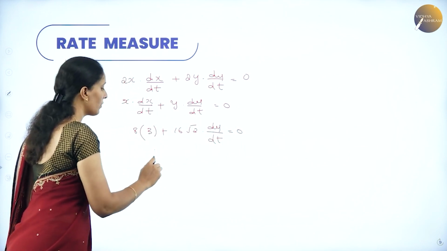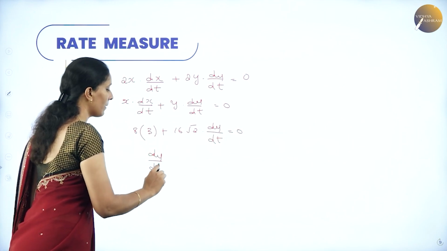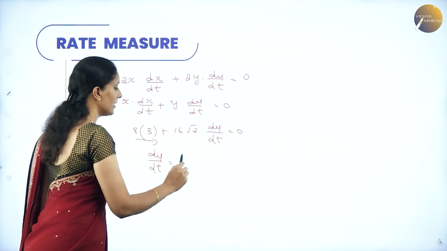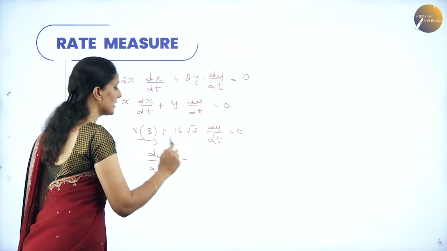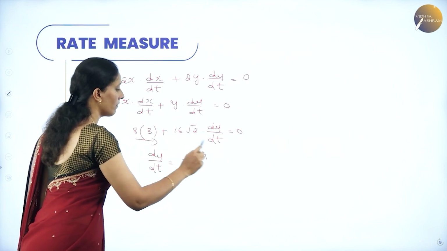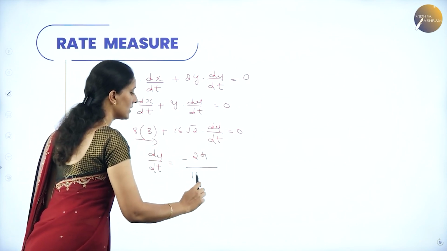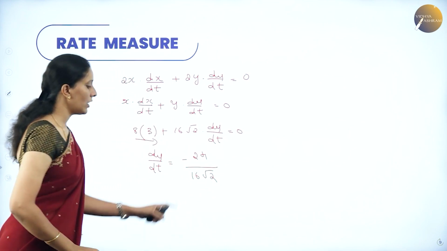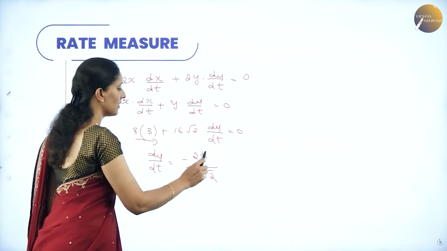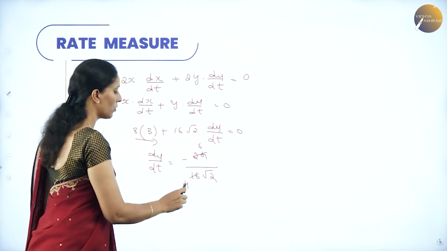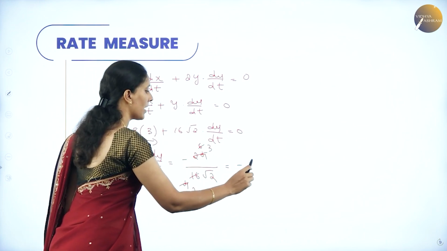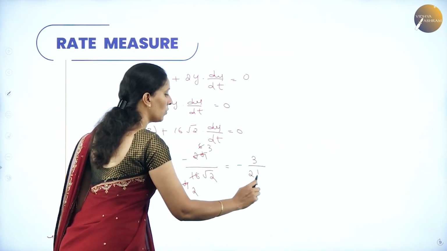Solving this, when you shift to the other side, you get minus 8 3s are 24, divided by 16 root 2. Again you can cancel this: 4 4s are 16, 4 6s are 24, so you will get minus 3 by 2 root 2.